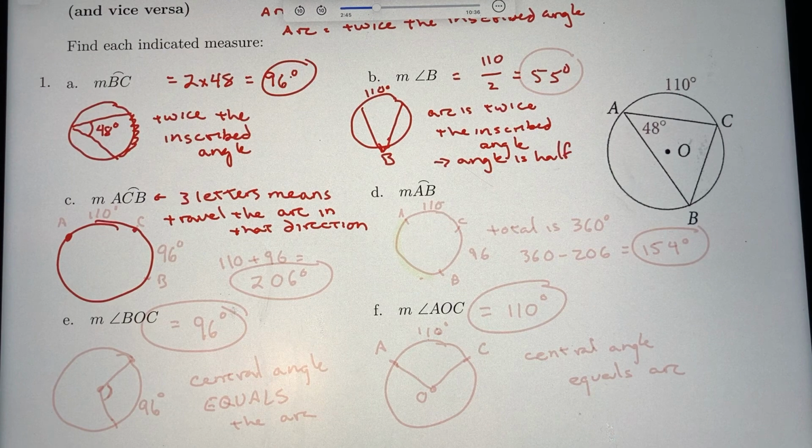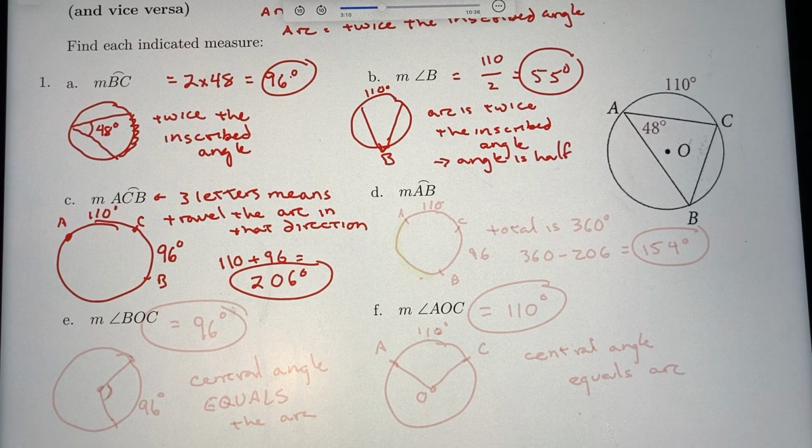ACB, A to C with 110 degrees of arc, and then C to B we just found out was 96 degrees. So again, please circle your answers, thank you.